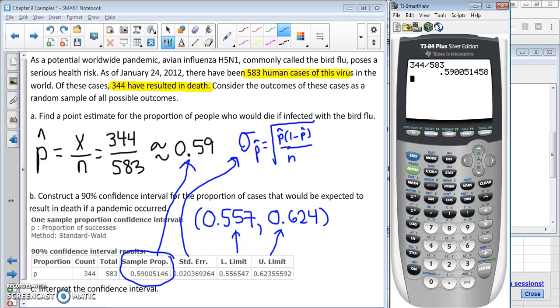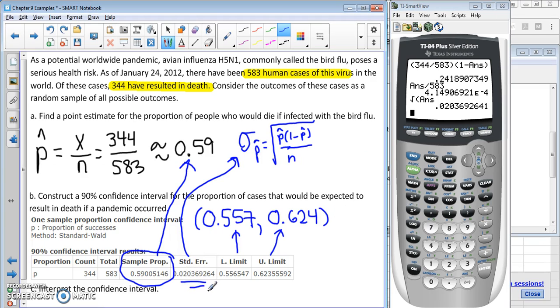So if we do 344 divided by 583 times 1 minus our fraction, which we just calculated, so I'm going to do second negative to recall my answer, divided by our n, which is 583. And then I'm going to do second x squared to get the square root, and enter. You'll notice that we get the standard error there. So that's what that value is on there.